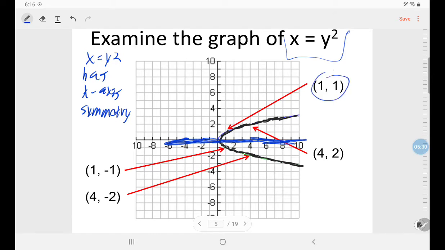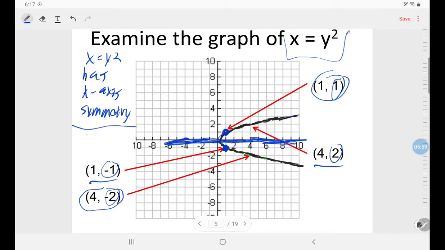So again, 1, 1 is on the graph right here. Its corresponding reflection is 1, negative 1. 4, 2 becomes 4, negative 2. So what happened this time? Well, in this case, the 1 and the 2 changed to negative 1 and negative 2.